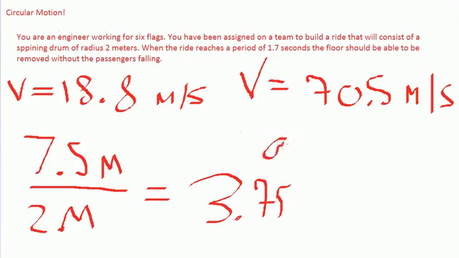So our acceleration is going to need to equal 70.5 divided by 1.7.